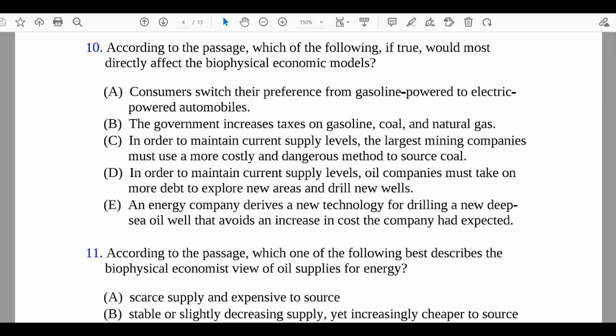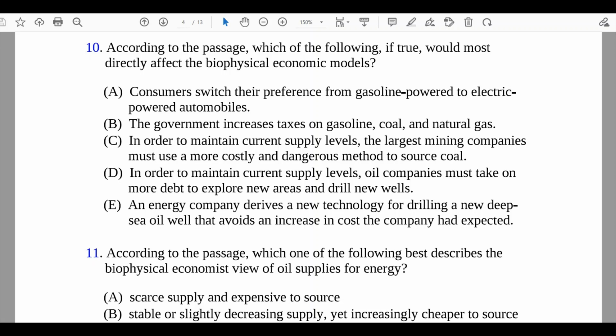Actually, we need to go back to our options for analyzing them. Answer A seems like a good potential answer. A consumer switch from gasoline-powered to electric-powered automobiles may indirectly affect energy consumption, but this is still a consumer preference and a market-based influence, and it could be masking an underlying process that is using more energy, like the production of electric cars and so on.